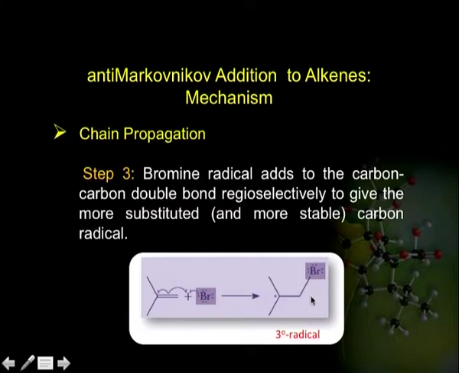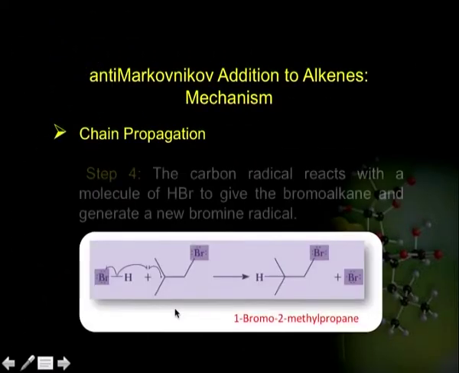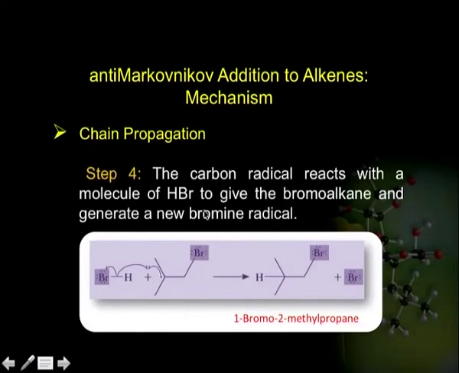So, here we have to see now which radical is more stable, because again we have a possibility of formation of a primary and a tertiary radical. In chain propagation, again in the fourth step, the carbon radical reacts with a molecule of HBr to give the bromoalkane and generates a new bromine radical.